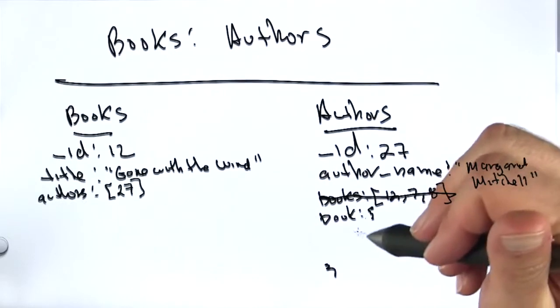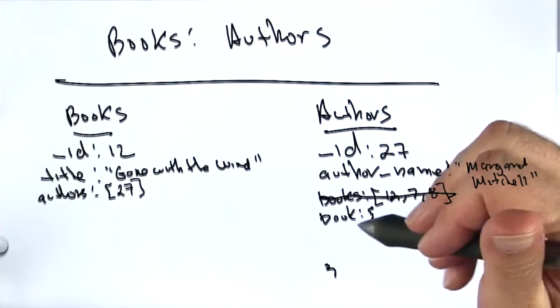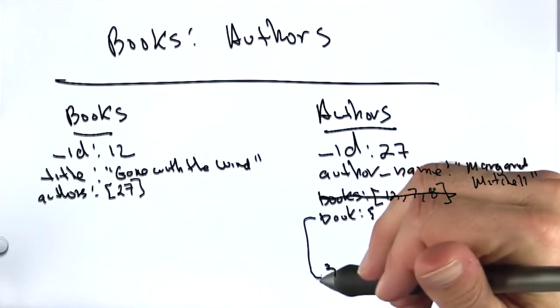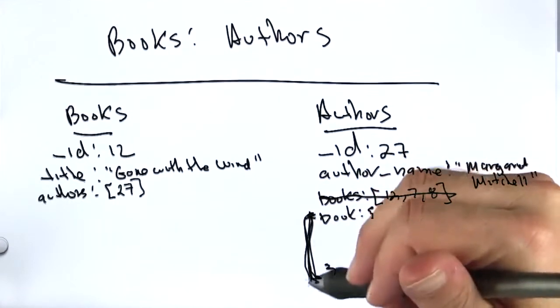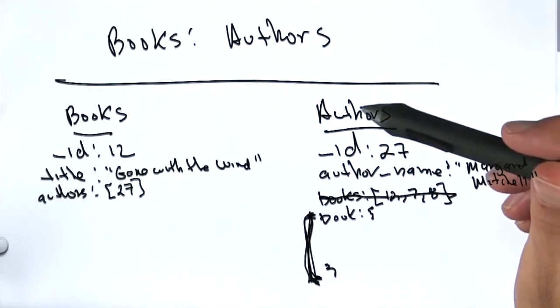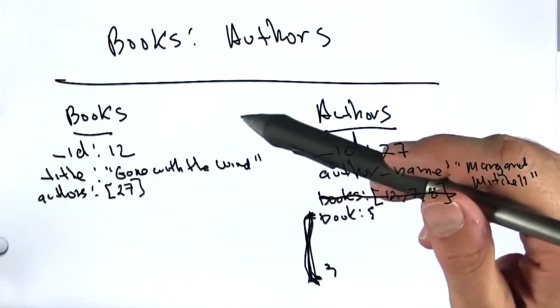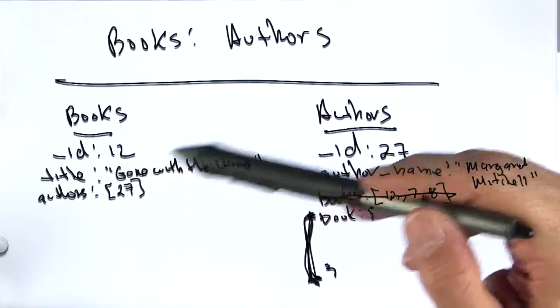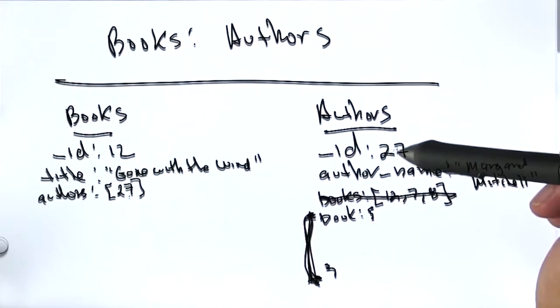Now, if you need to embed the book inside the author collection for performance reasons, then by all means do it. But I would avoid it unless you needed to. In this particular case, I'd make books and authors both first-class objects. It's also important to remember that there are no foreign key constraints inside MongoDB, as we talked about earlier. So there's no guarantee that if you put an ID here, it's going to appear over here.